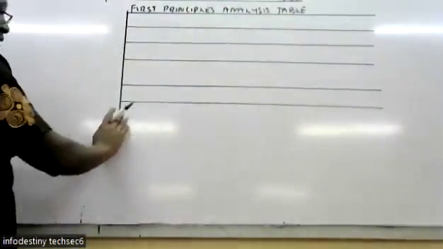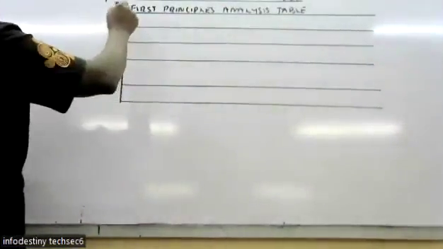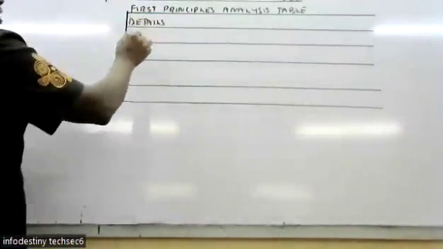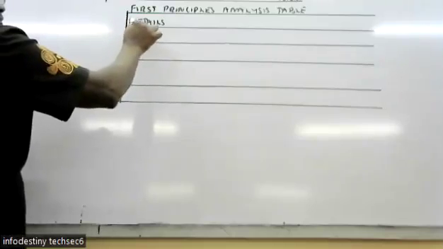Now, in this analysis table, the first column is called details. Hapa details huwa tunaweka contribution margin.